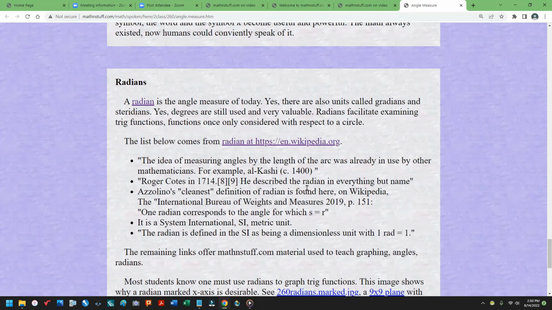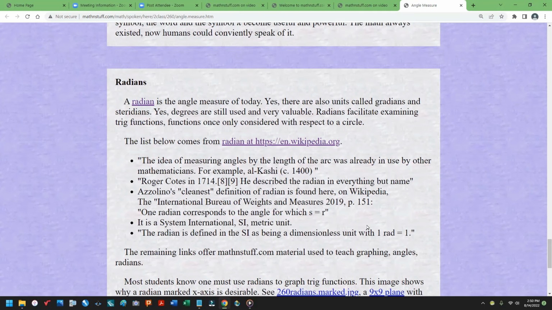All this is from Wikipedia. Yeah, it's a good source. Your English teacher might not like it, but this math teacher depends on it. The idea of measuring an angle by the length of the arc was already used by other mathematicians. 1400. That's way before Croat used it in 1714. If you look again on Wikipedia, it refers to the International Bureau of Weights and Measures.